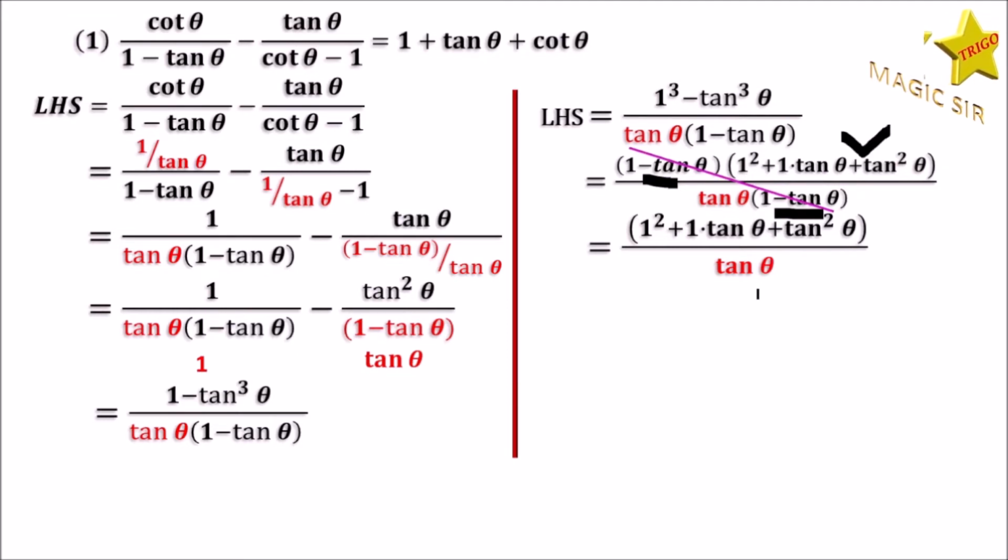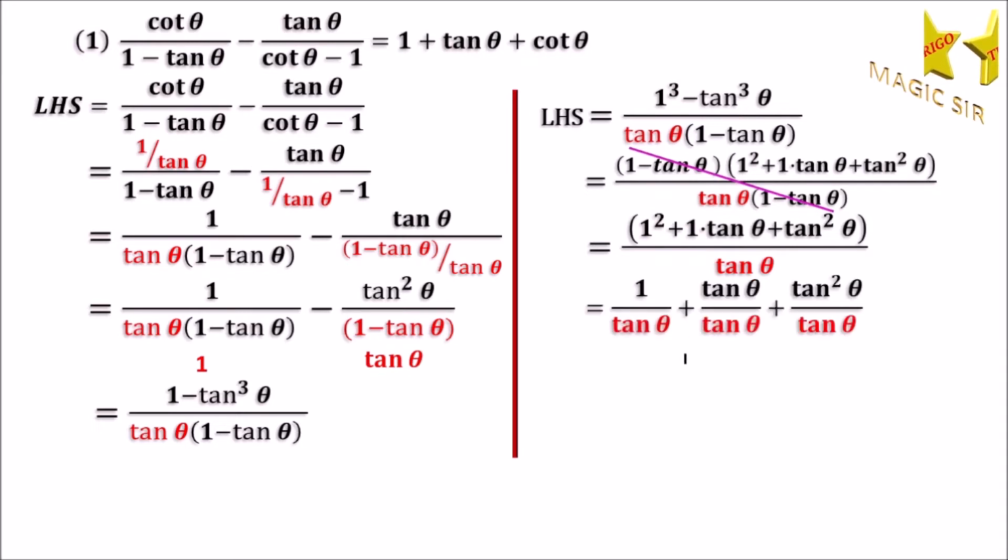Here 1 minus tan theta cancels out, leaving us with LHS equal to 1 square plus 1 into tan theta plus tan square theta upon tan theta. This can be written as 1 upon tan theta plus tan theta upon tan theta plus tan square theta upon tan theta. We know that 1 upon tan theta is equal to cot theta.